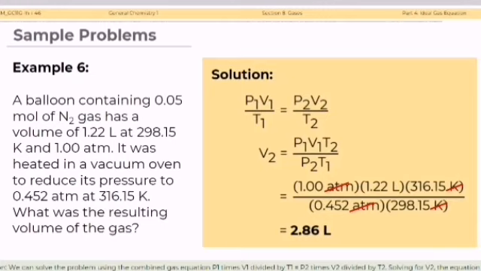Plugging in the given values, we have V2 is equal to 1 atmosphere times 1.22 liters times 316.15 Kelvin divided by the quantity of 0.452 atmosphere times 298.15 Kelvin. Cancelling the units and simplifying, we get V2 is equal to 2.86 liters.